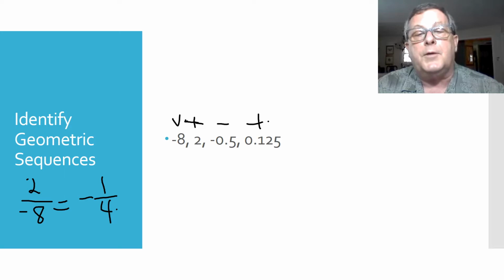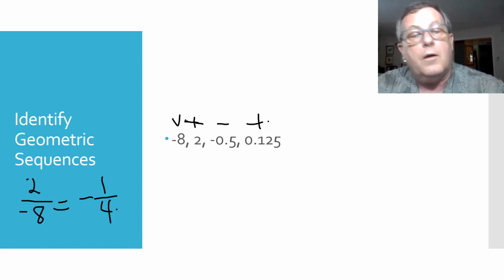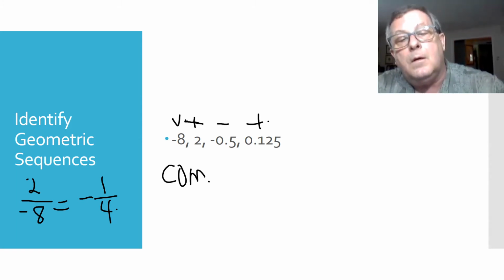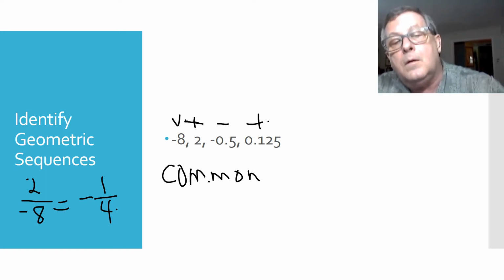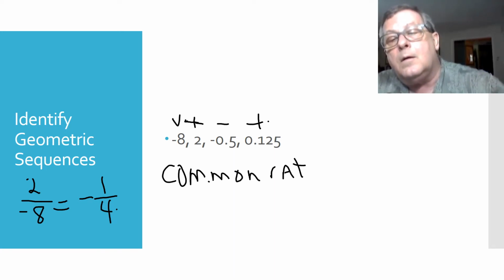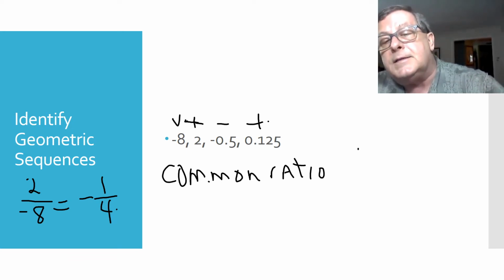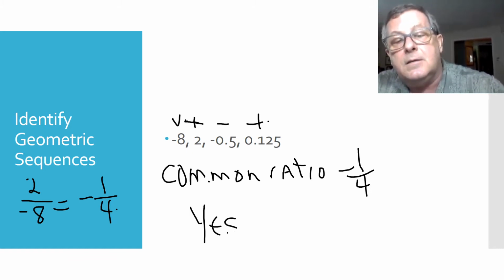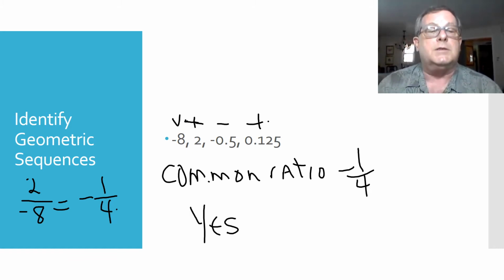And thirdly, if I put into the calculator positive 0.125 divided by -0.5, well, then I'm going to determine, see there again, that my common ratio is -1/4. So my common ratio is -1/4. And so, yes, this is a geometric sequence.